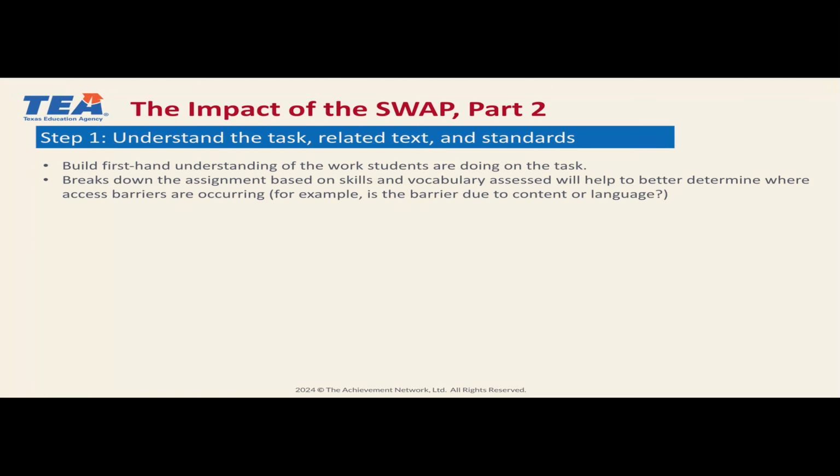So for example, if you're skimming through a text and it's historical fiction, what could possibly get in the way? Is it key vocabulary, building background? It also helps teachers to reflect a little bit about their other data points to determine needs.